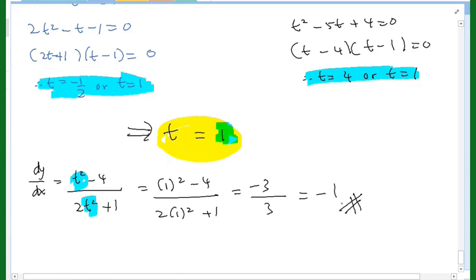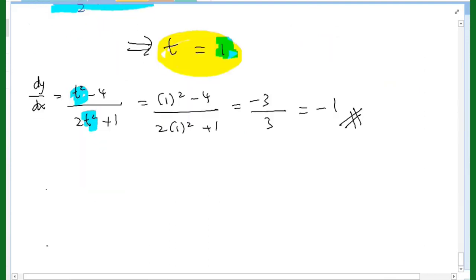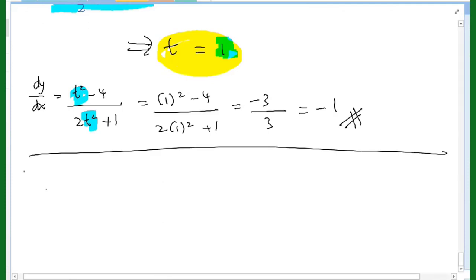Settled for 15a. Okay. For 15b, find d2y/dx squared when x is equal to 1.